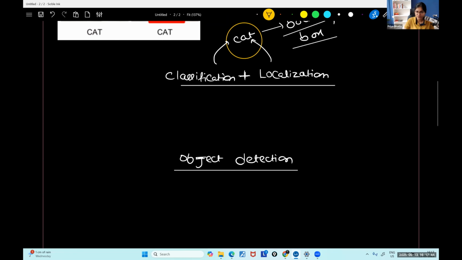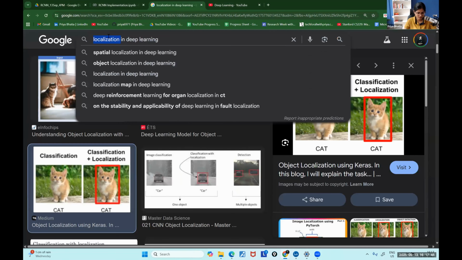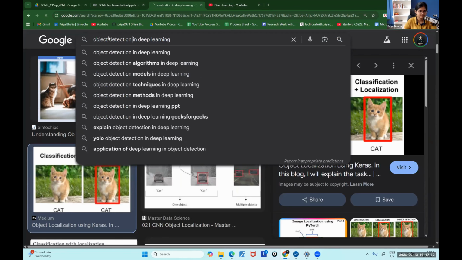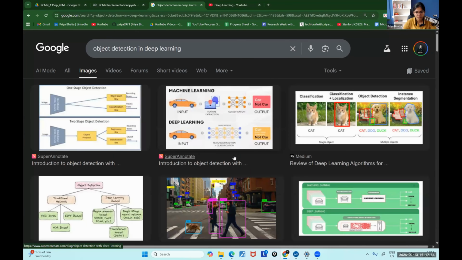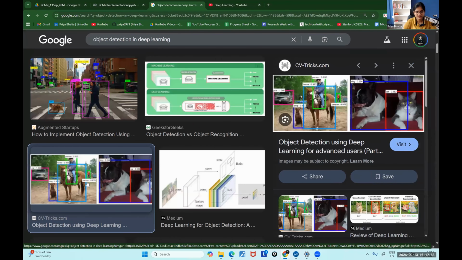But when we talk about object detection, let me showcase an interesting image for object detection. Can you see? This is the best example of object detection.